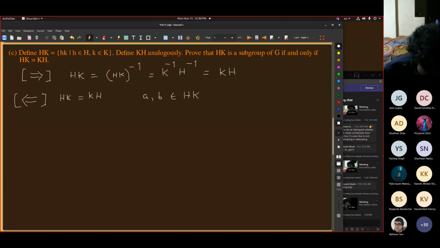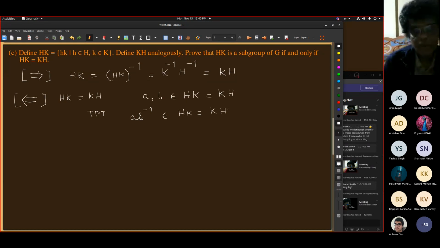This is basically the same set. To prove that a b inverse is in this common set, then I am done, right?